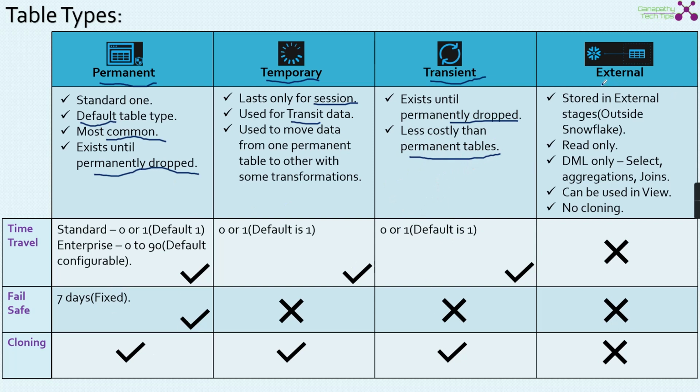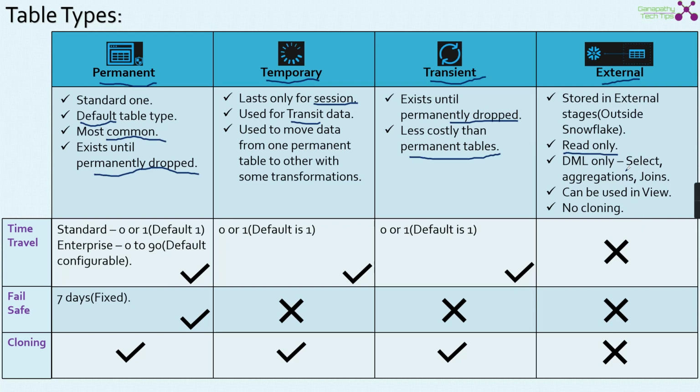Moving on to the external tables, it stores the data outside of Snowflake. Typically in cloud storage mediums like S3 or Blob or GCS buckets, these are all read only. Why? Because the data is in the cloud storage medium, it is not natively stored within Snowflake.